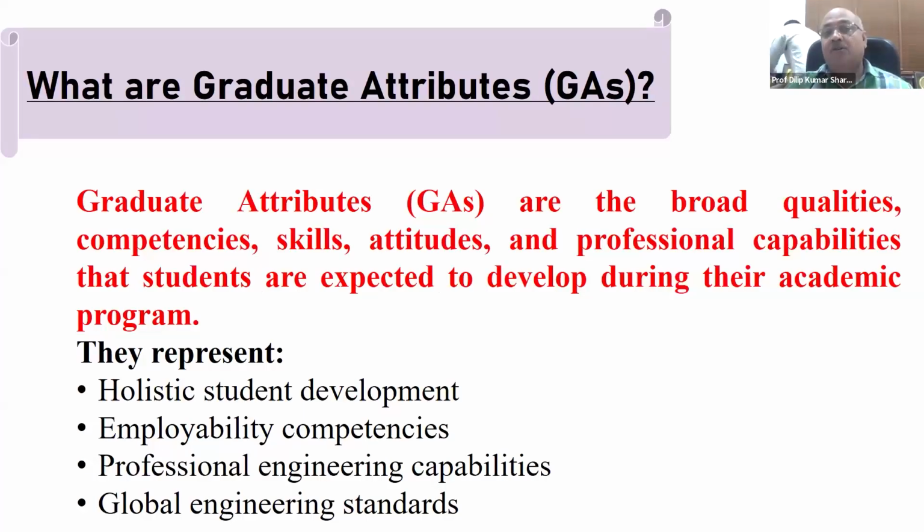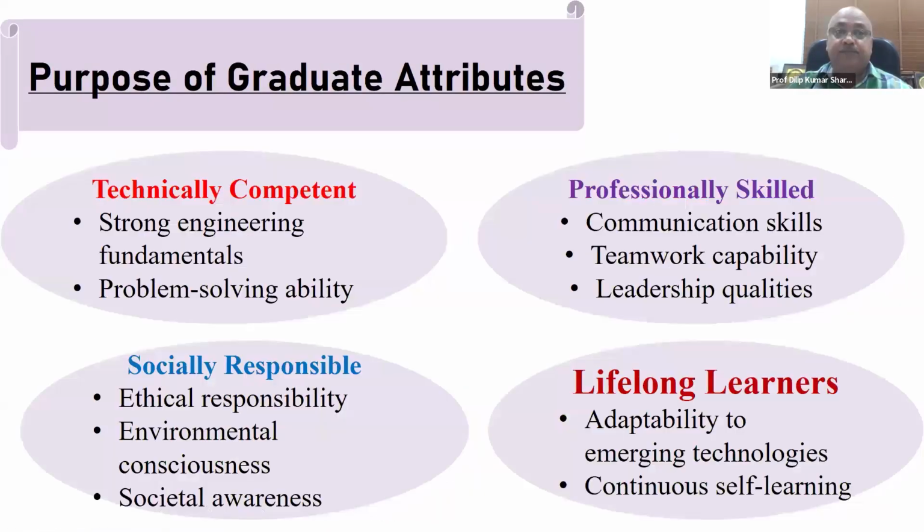They must have those qualities, they must have the competency, they must be equipped with the skills, and they must have the attitudes that we discussed: general knowledge, the knowledge and attitude profile, professional capabilities. By that, we can have a student with holistic development, employability, competency, and professional engineering capabilities, who can become globally employable and meet global engineering standards.